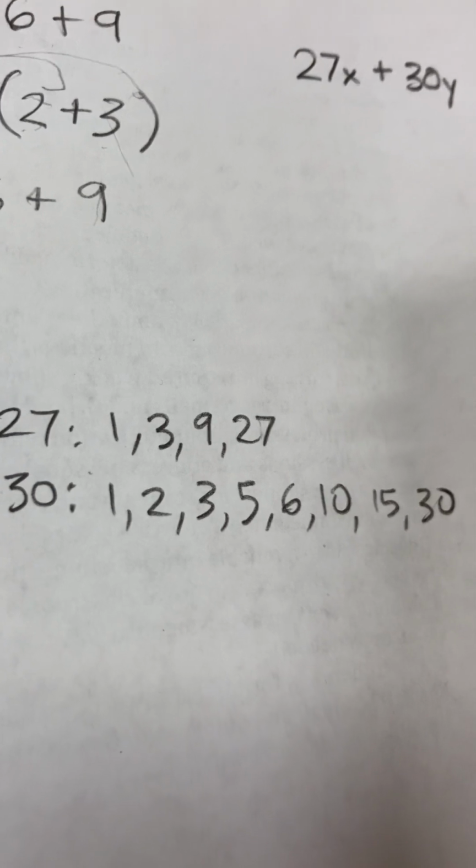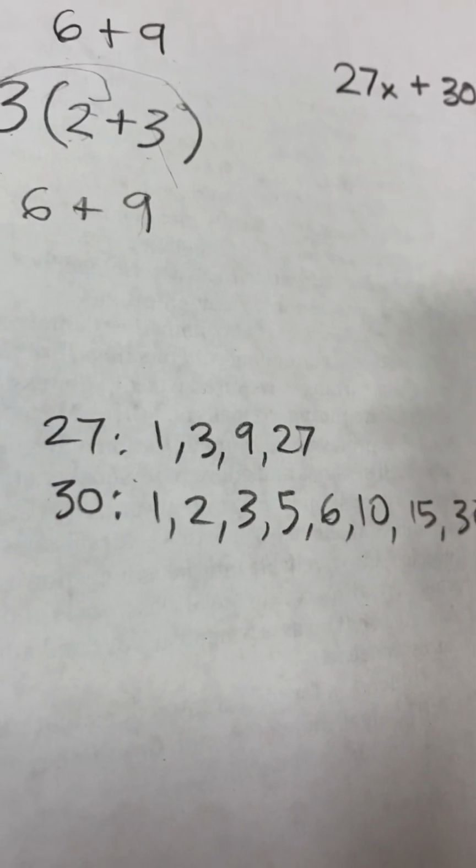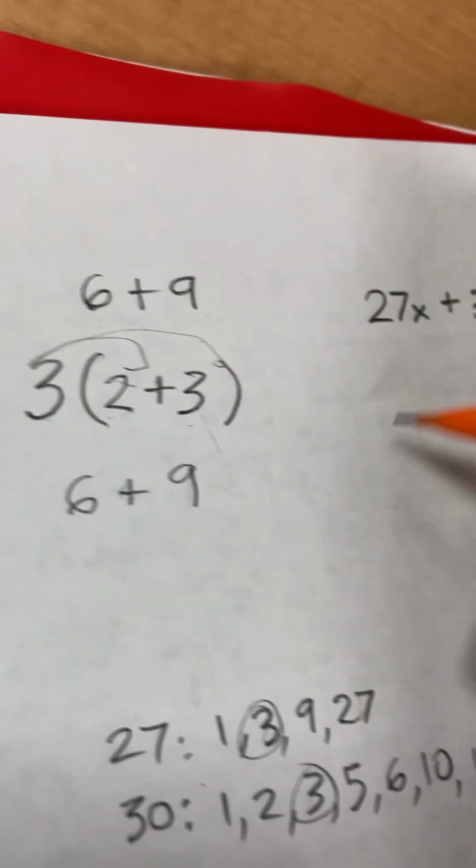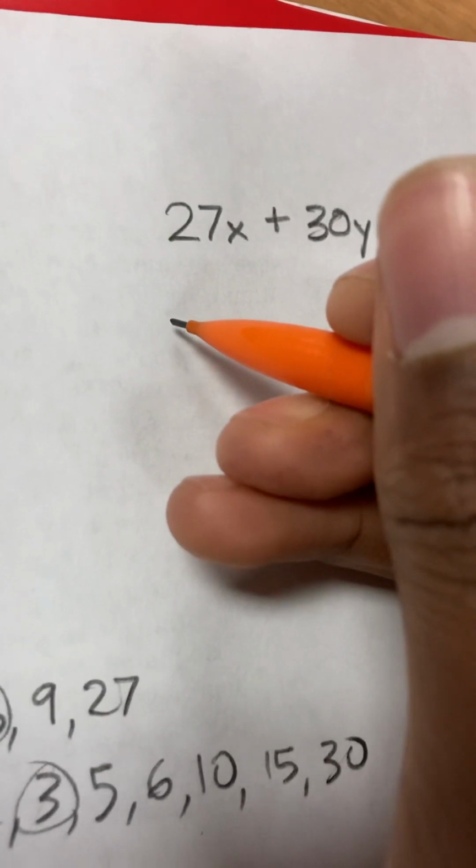Well, in this case, the GCF is 3 again. So you take the 3 out of parentheses.